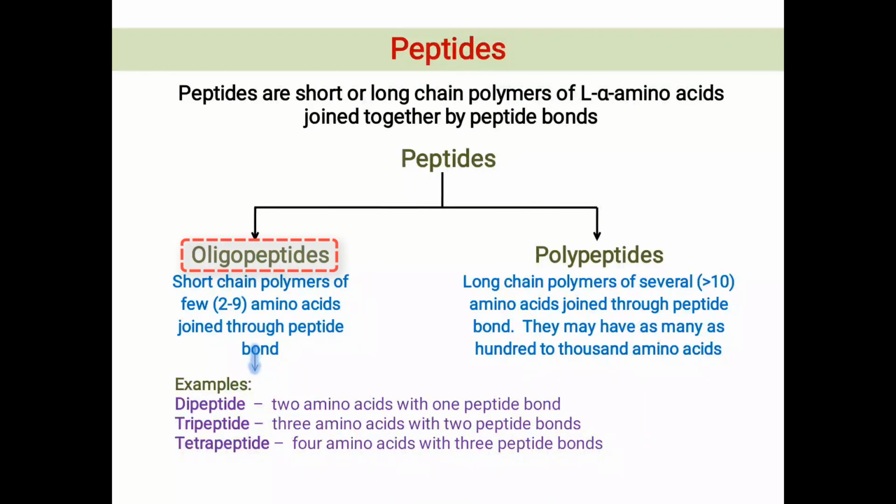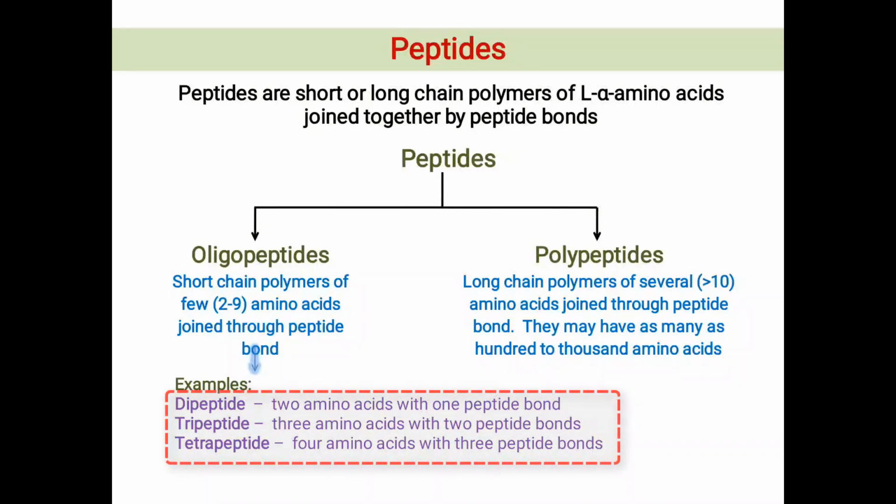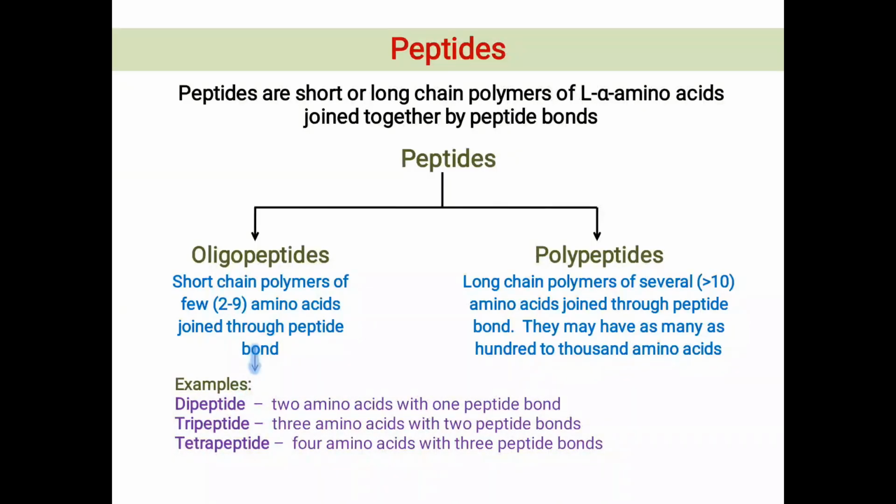Whenever a short peptide is formed, it is called an oligopeptide, and it can be a dipeptide, tripeptide, tetrapeptide, pentapeptide, hexapeptide, heptapeptide, octapeptide, nonapeptide or decapeptide, and so on, depending upon the number of amino acids.